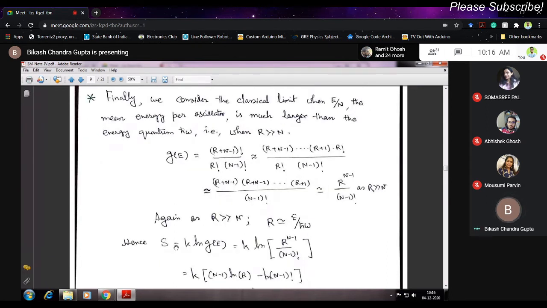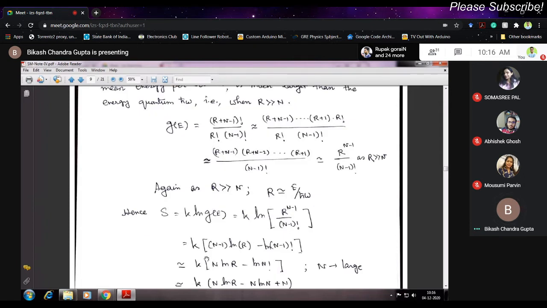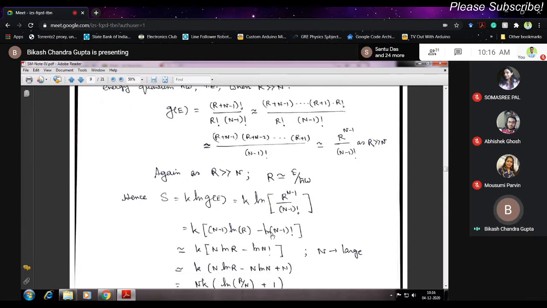Then you can write s equals k ln g, equals k ln of r to the power n minus 1 by n minus 1 factorial, which gives you k times ln of r to the n minus 1 minus ln of n minus 1 factorial. So that comes here: n minus 1 times ln r minus ln of n minus 1 factorial.